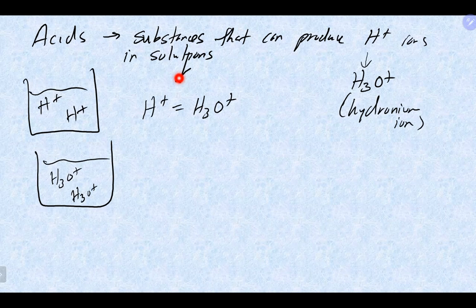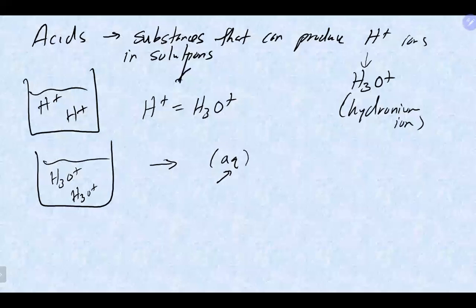It's a weak acid. When we come to naming acids, and because they are in solution, we usually include the aqueous symbol next to it. That aqueous symbol means that it is in a solution where the ions are floating around.